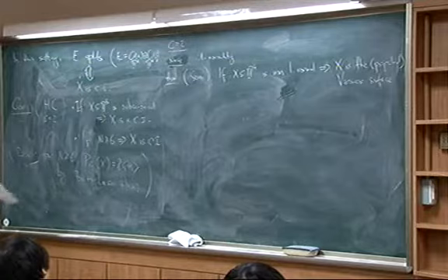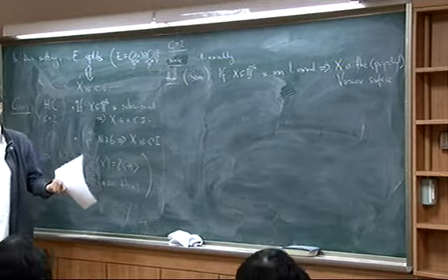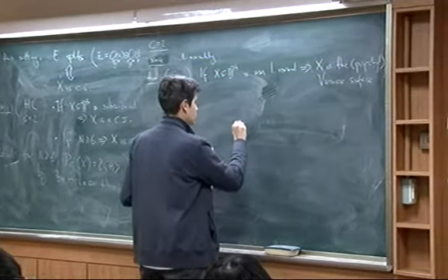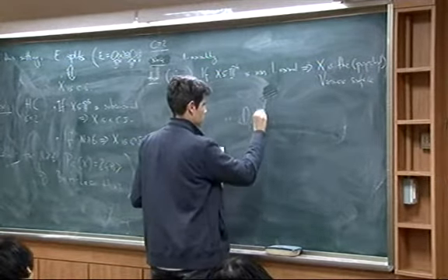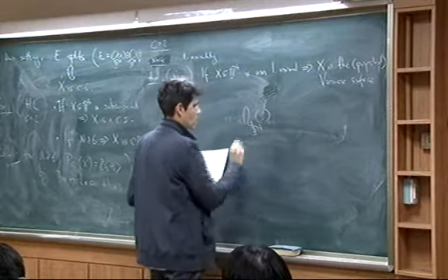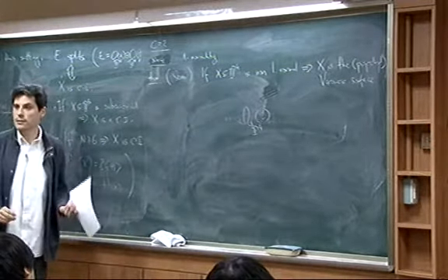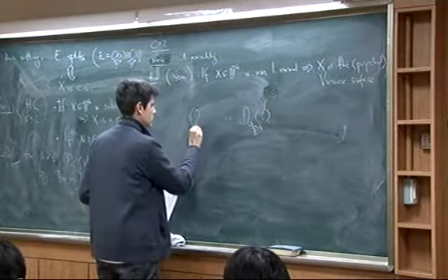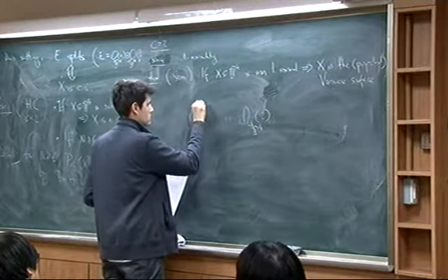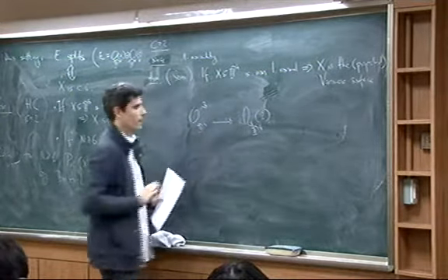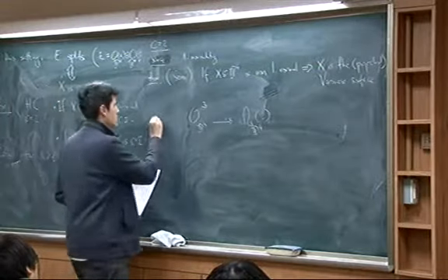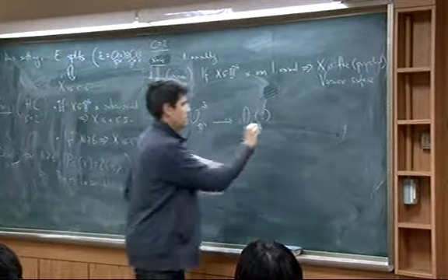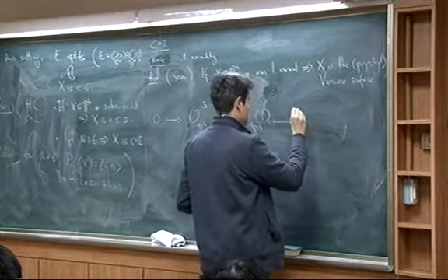So let me explain how you can see this Veronese surface in P4. Consider this vector bundle. This is a globally generated vector bundle, and consider 3 general sections of this. Then the degeneracy locus of this map gives you a smooth surface here, which is precisely the Veronese surface.